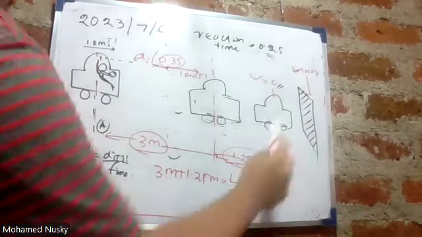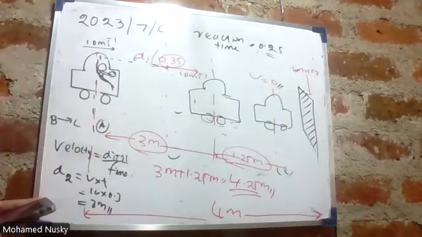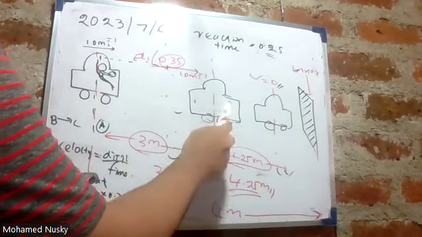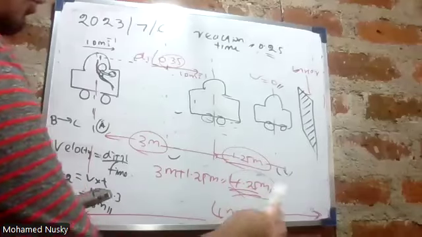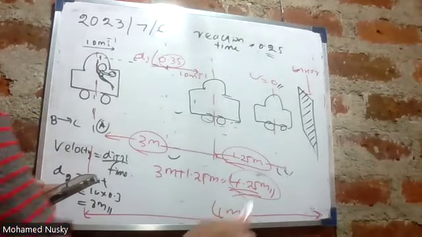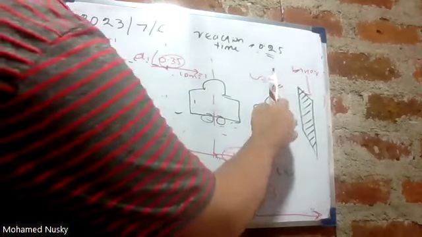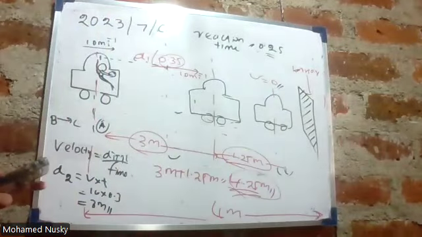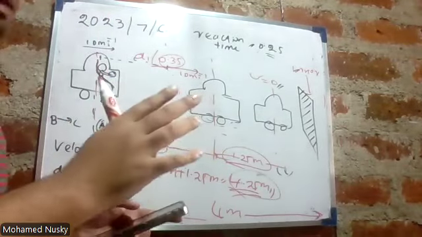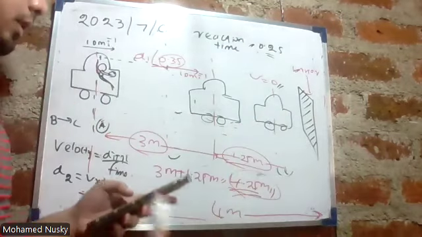From the initial position to the barrier there was a distance of 4 meters. But now this car is stopping at 4.25 meters. This 4.25 meters is greater than 4 meters. The car will stop beyond the barrier. So you can say that this car will hit the barrier.